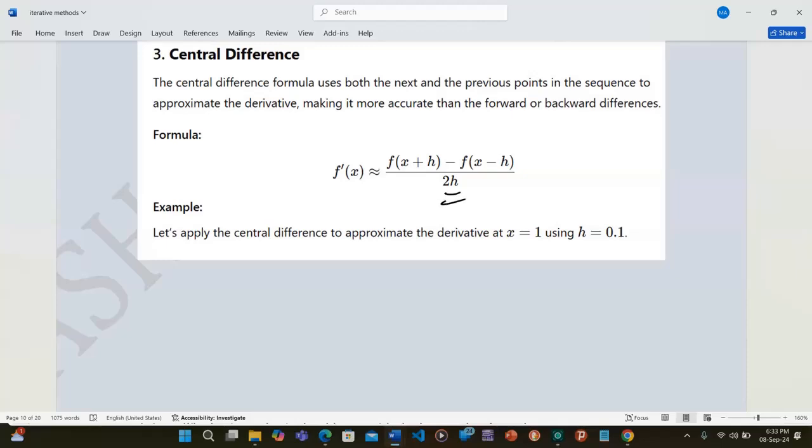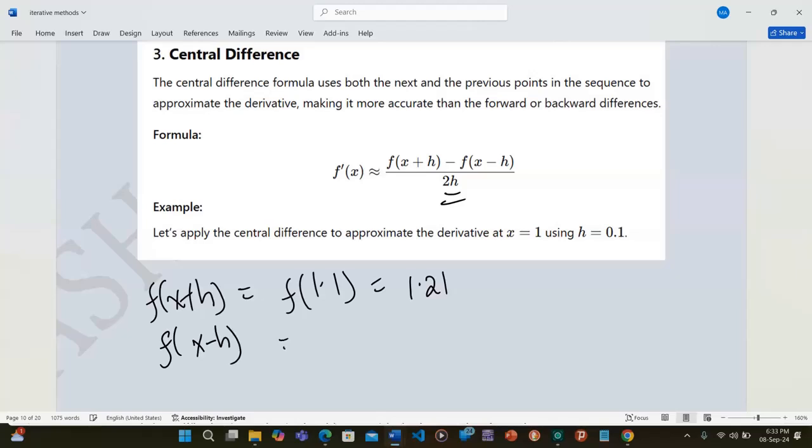So using the same example, let's look for f of x plus h. We already said this is f of 1.1, and we said this is 1.21. Then f of x minus h, we said this is f of 0.9, and this is 0.81 because this is x squared.